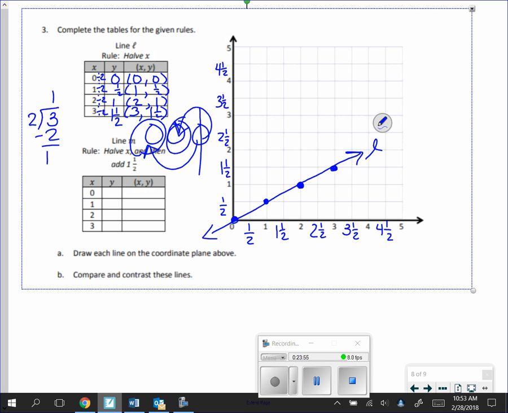So half of 0, 0 plus 1 and a half. It's 1 and a half. I have half of nothing over here, and I have 1 and a half over here. So I have 1 and a half.